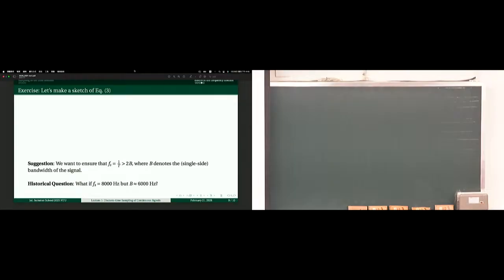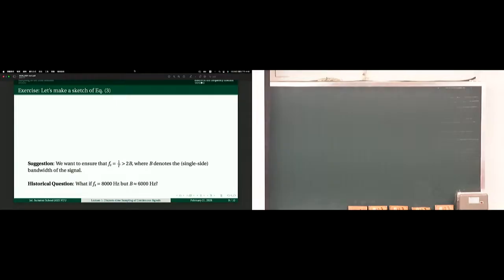So if this shift is far enough, we're happy. We want it to be far enough. That leads us to the famous Nyquist-Shannon sampling theorem.